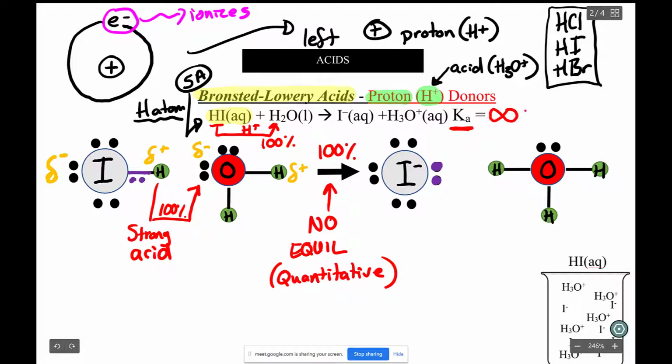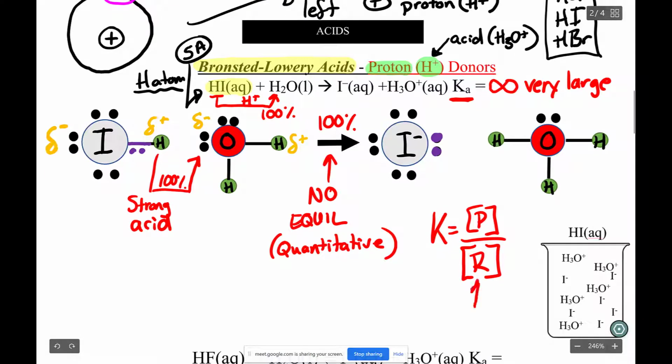In our data books, it simply says very large because a K value is the concentration of the products over the concentration of the reactants. And there really is virtually none of the reactants left. And therefore, you have an infinitely large value on top. So we wouldn't even say this is in equilibrium. This is so far to the right.